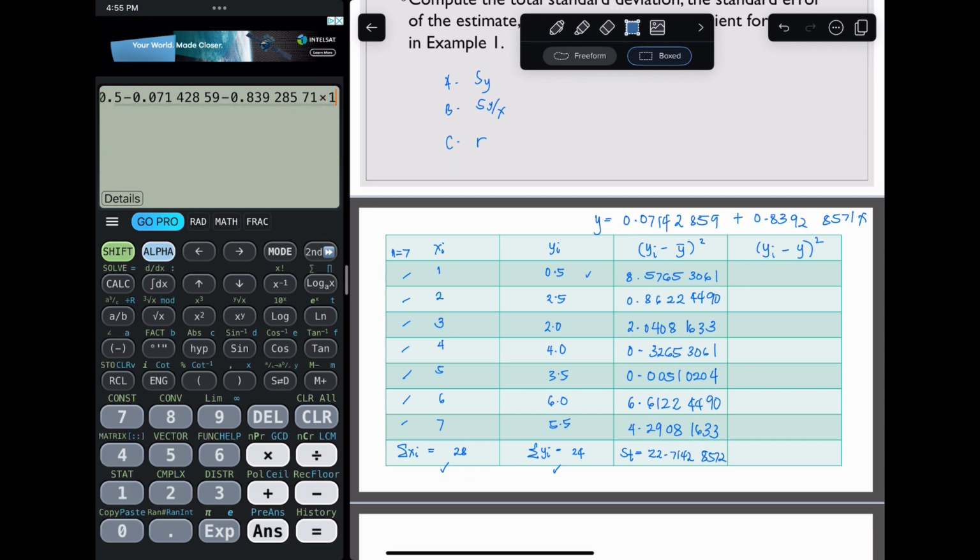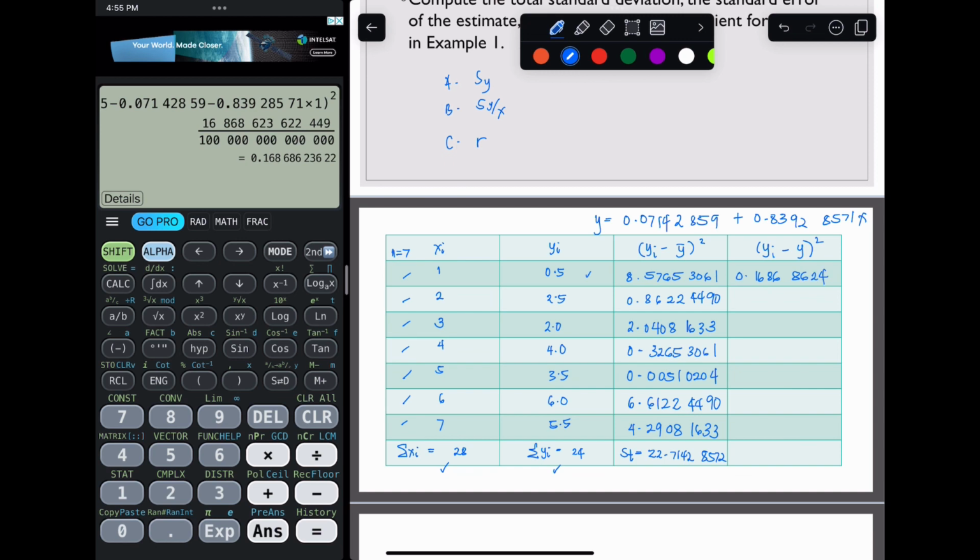We multiply it with 1, then square it. So thus we have 0.16868624.